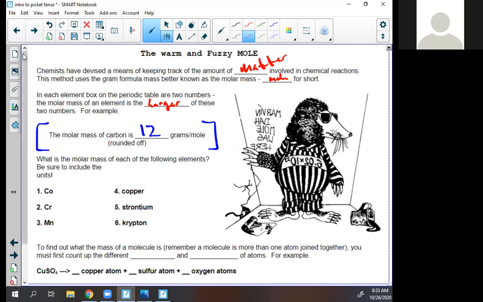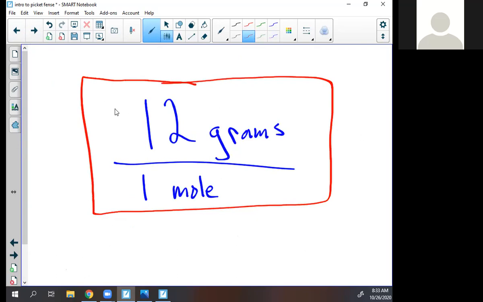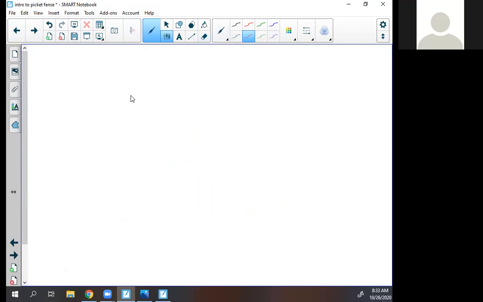I draw on this slate and things take time and they're ugly. So I save time writing like this, 12 grams per mole. Are you okay with that? That's my little divider. 12 grams per mole.